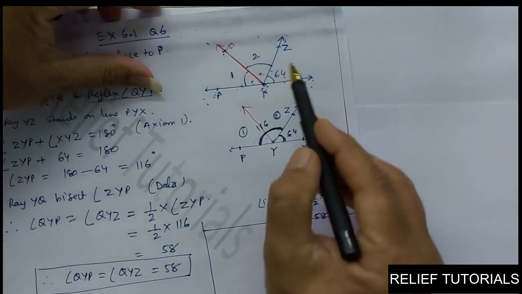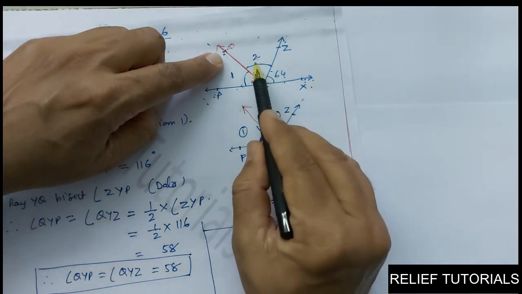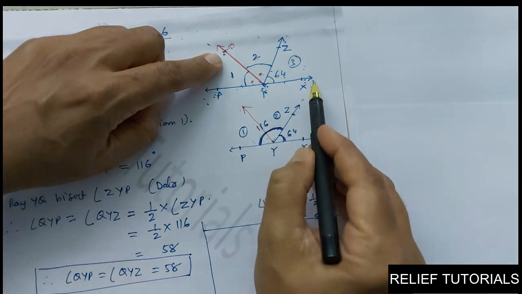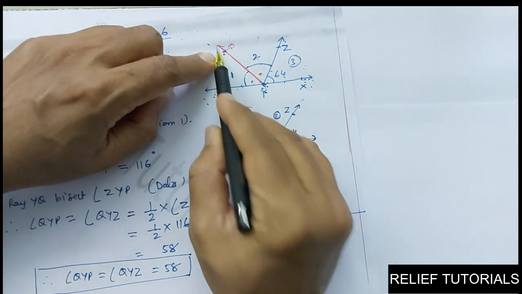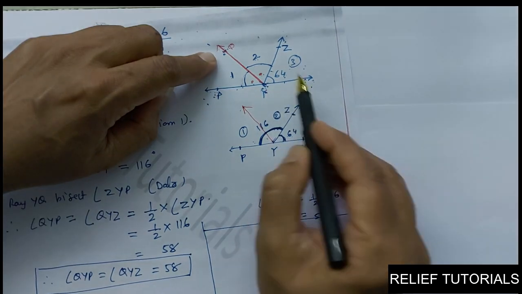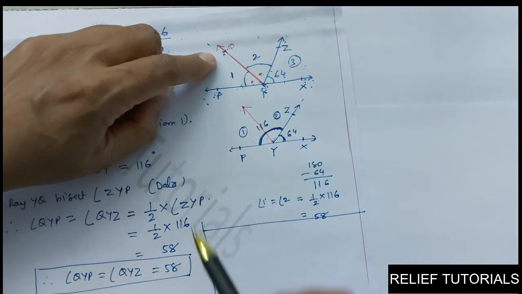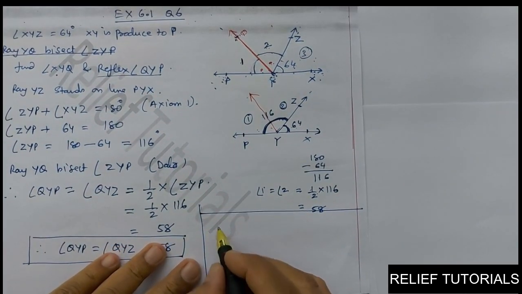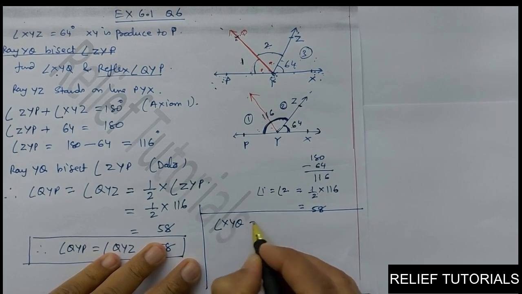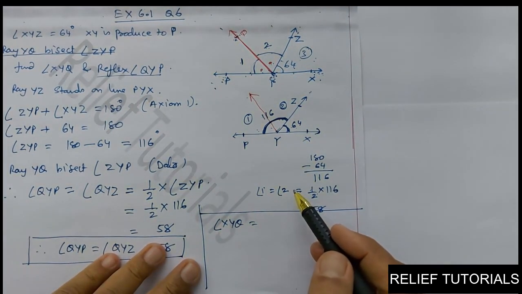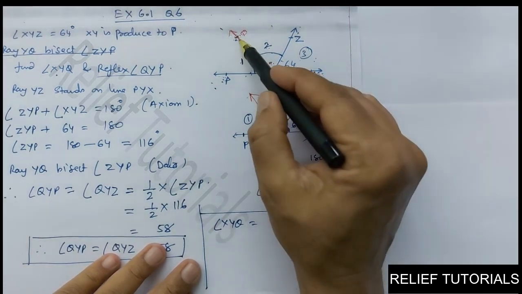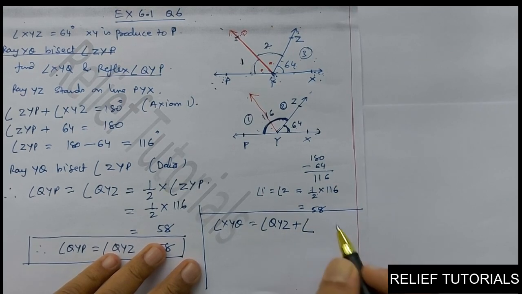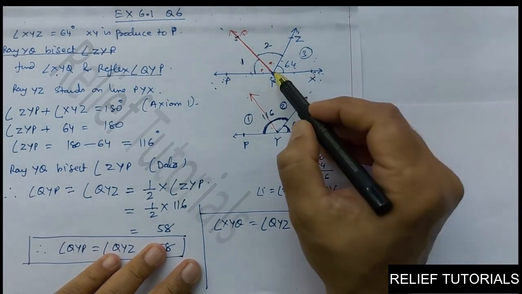So these two are adjacent angles, 2 and 3. See, 2 and 3 are adjacent angles and you want to find XYQ. So I can say angle XYQ is equal to angle ZYX and angle QYZ. Adjacent angles. We want to find angle XYQ. So XYQ is equal to QYZ plus angle given, that is XYZ.